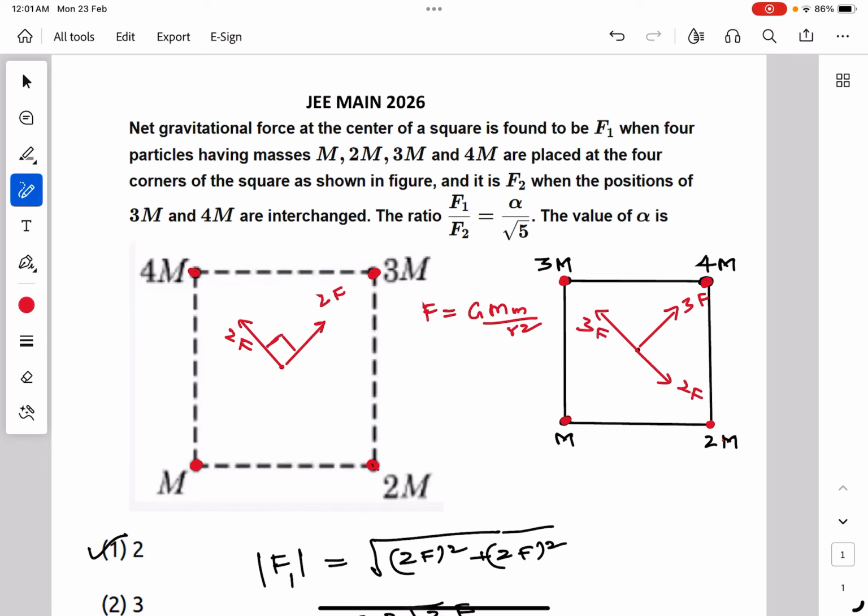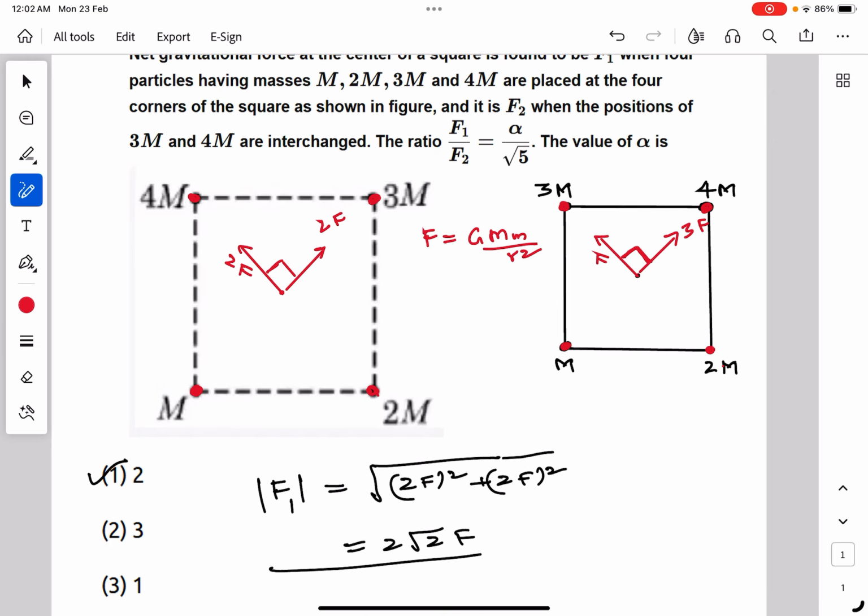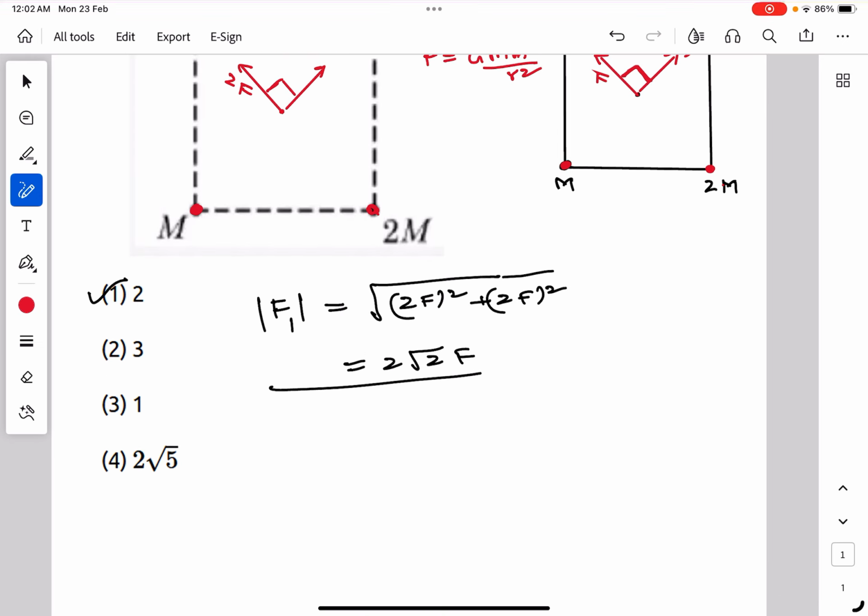Since these two forces are in the opposite direction, their resultant would be F in this direction. The angle between these two forces is now 90 degrees, and the resultant of these two forces is F2. So let us find out the magnitude of F2.